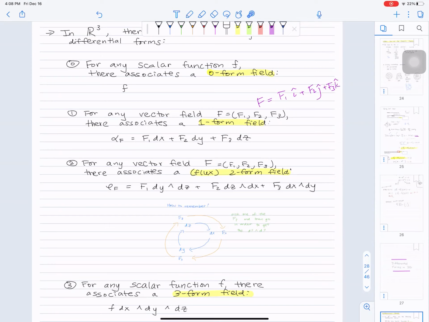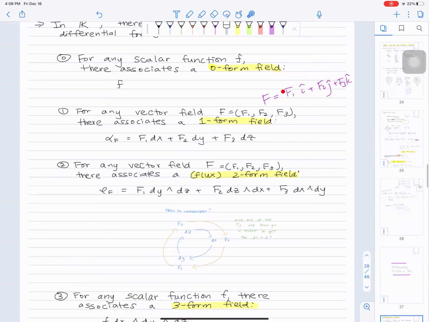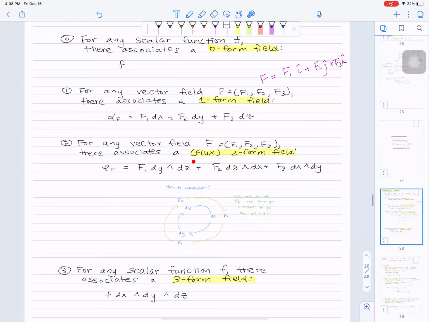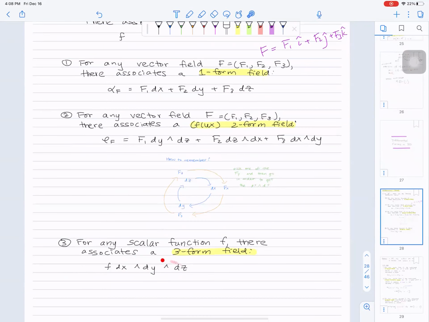How you translate it to forms language is you keep those same coefficients, but now we have dx, dy, dz instead. Then we have the two form field. That's the same thing, but you have these wedges instead. And then a three form field, you have three wedges.